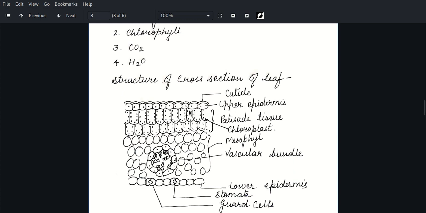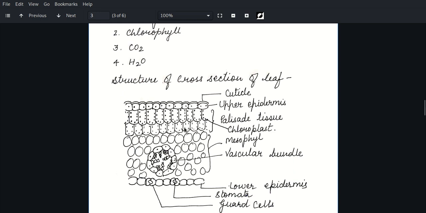These dots show chloroplast. Layer of these columnar cells called as palisade cells, and these palisade cells constitute palisade tissue which is responsible for the process of photosynthesis.